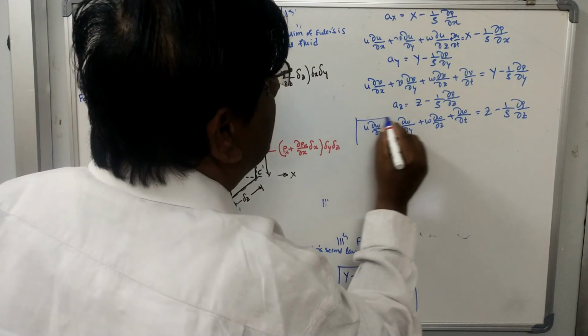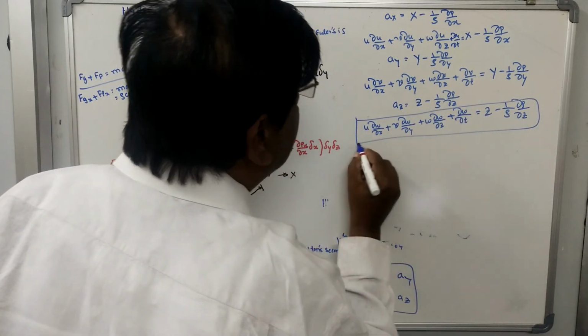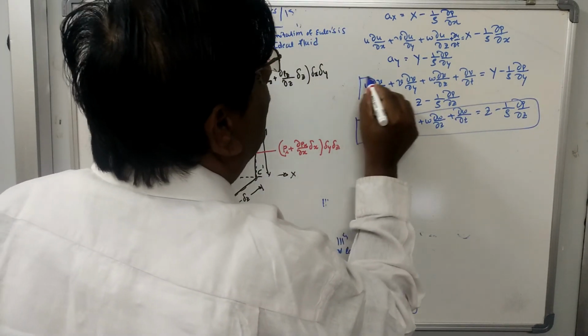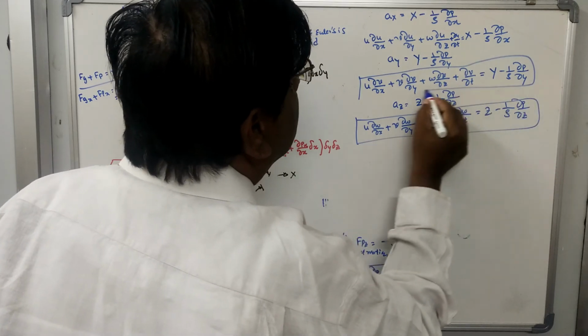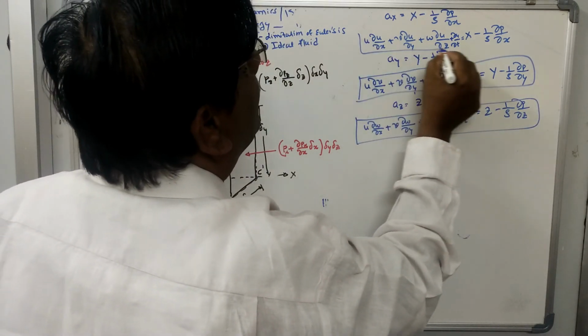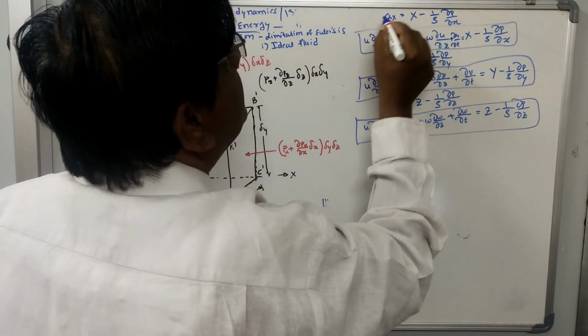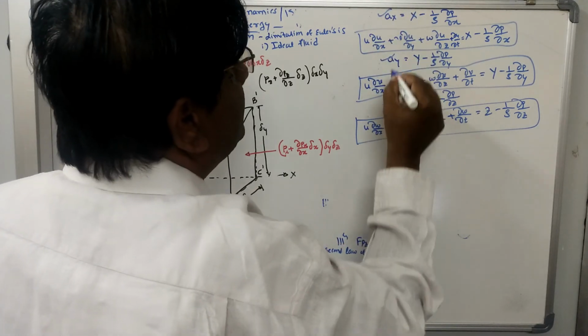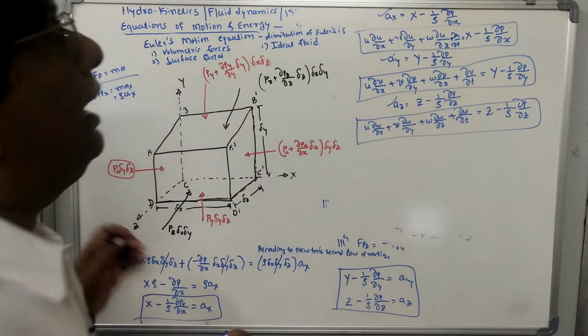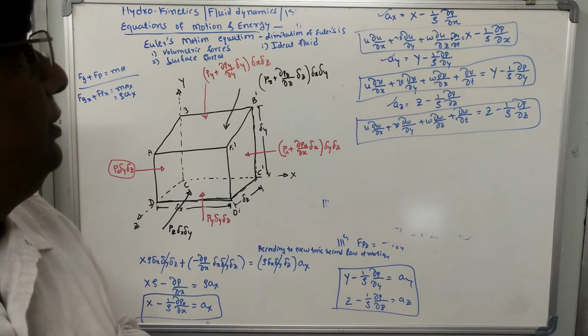So these are the Euler's equations in terms of velocity components, and these are the Euler's equations in terms of the acceleration components.